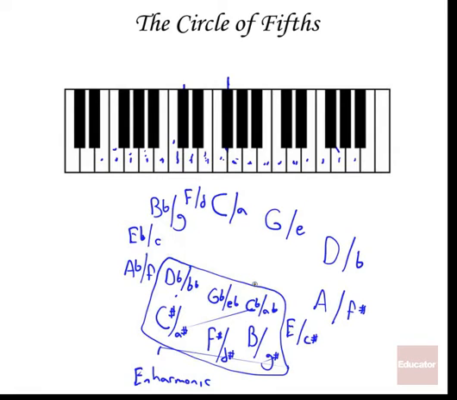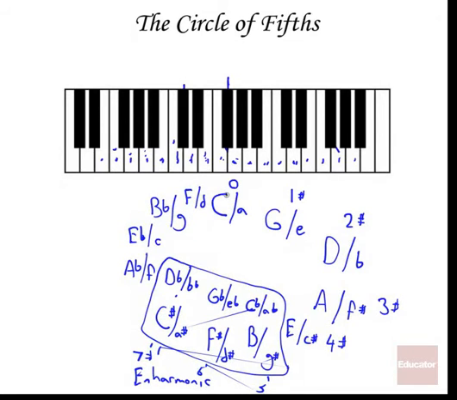So now this circle kind of completes itself, and we see that it helps us to understand how many sharps and flats the keys have, because here there's 0, here there's 1 sharp, here there's 2 sharps, 3 sharps, 4 sharps, 5, 6, and then all 7 sharps.